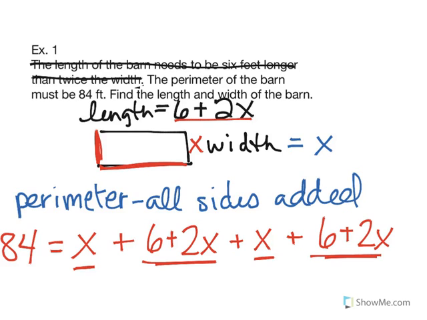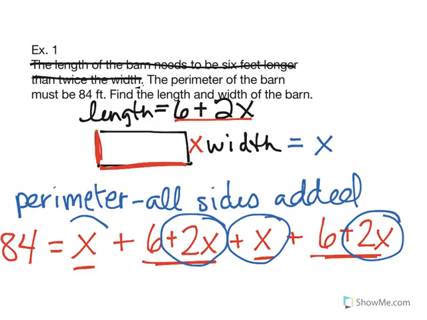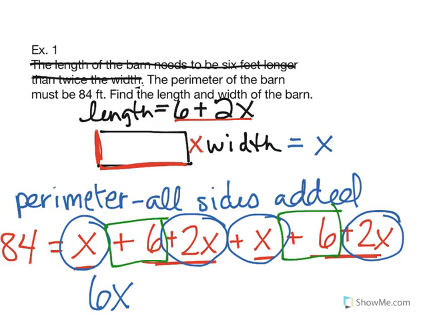Now I have a simple linear equation I can complete. It says 2x plus another x plus 2 more x plus another x, and then it says 6 plus 6, and of course I bring my equals sign down to my 84.